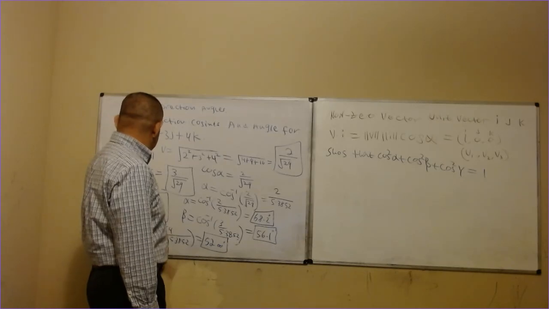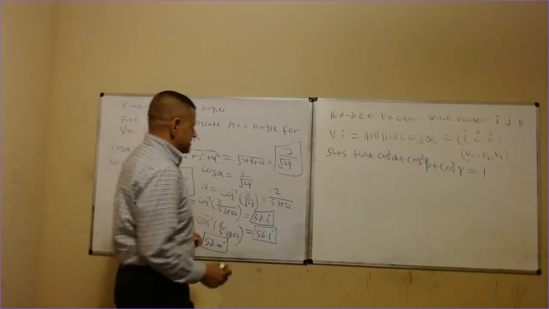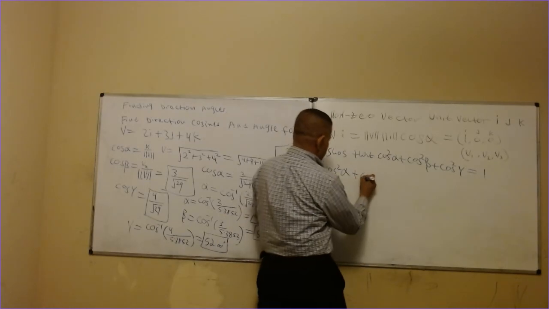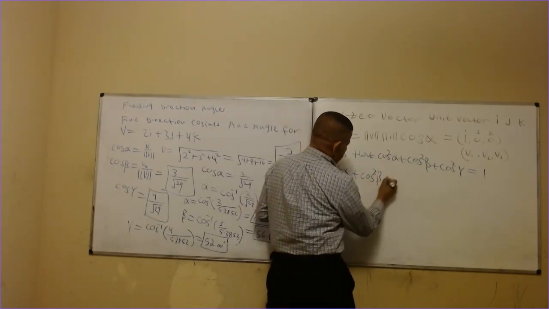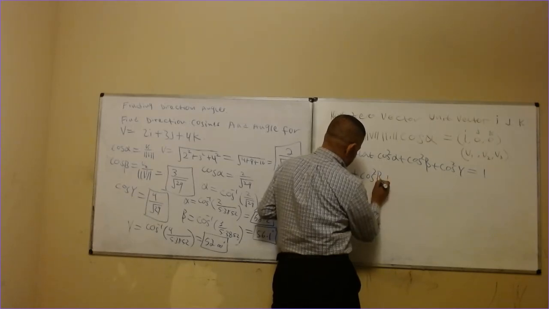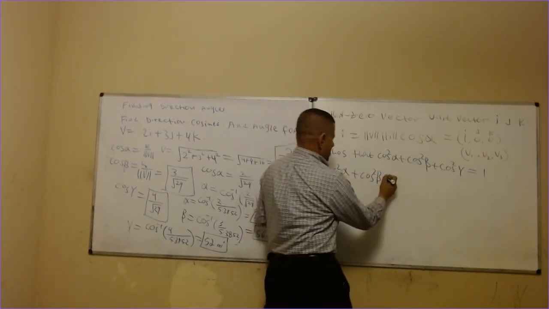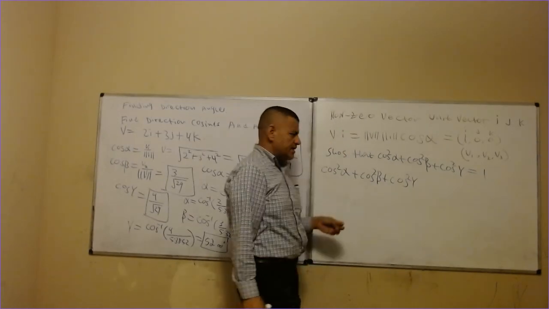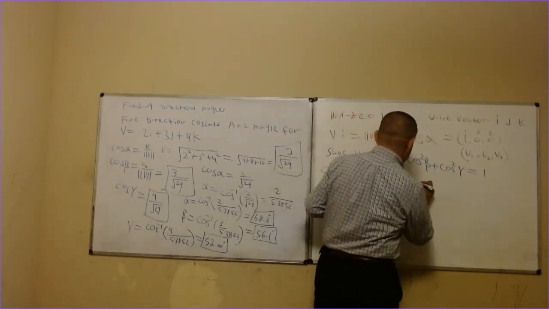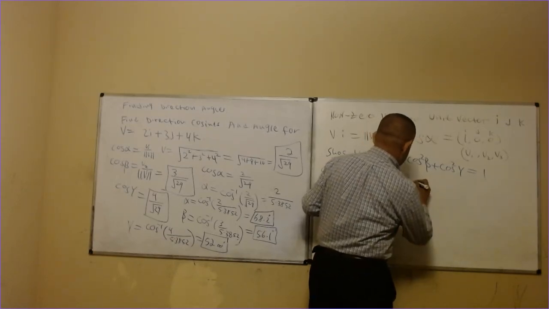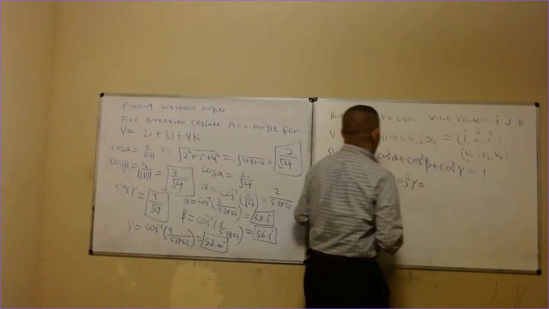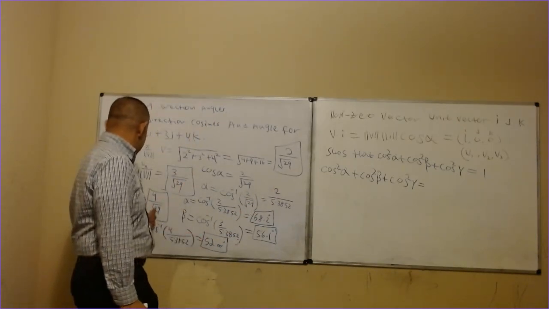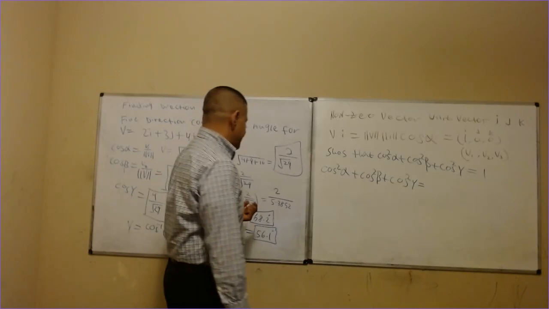So what I can say is cosine squared of alpha plus cosine squared of beta plus cosine squared of gamma is equal to what? Equal to each value that we found.